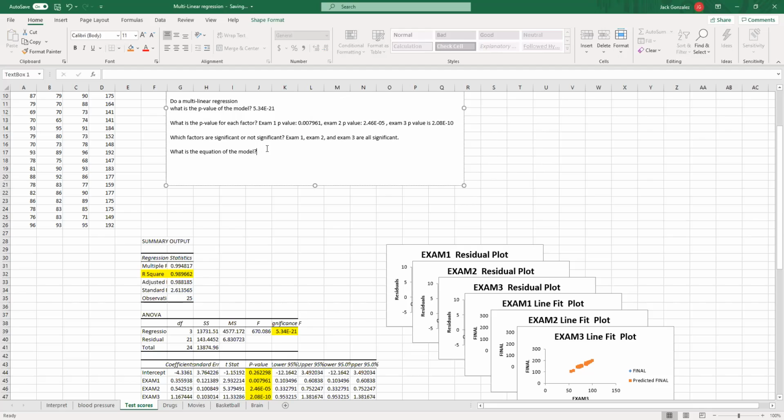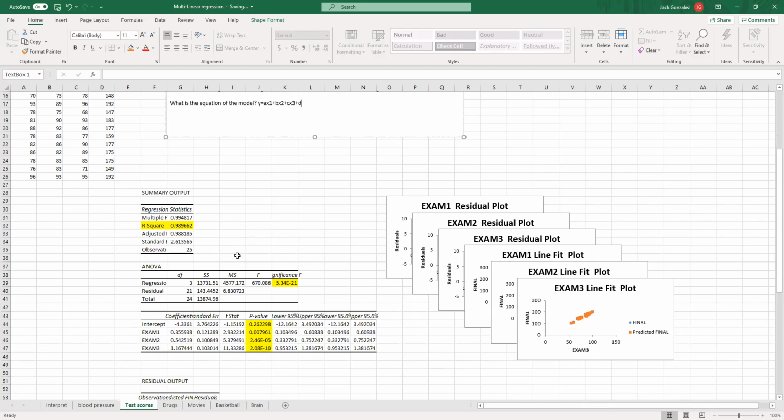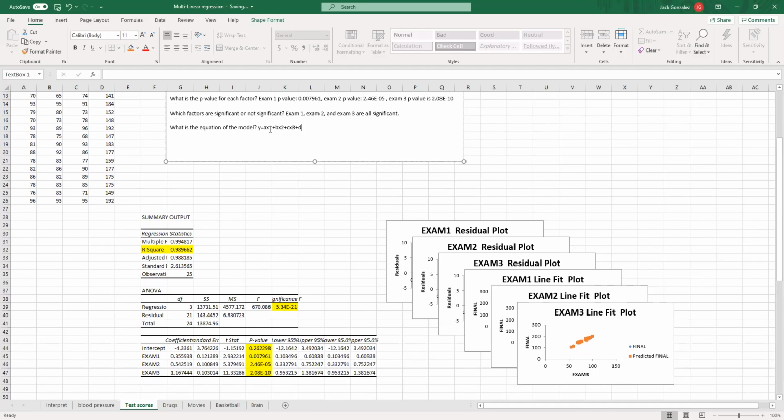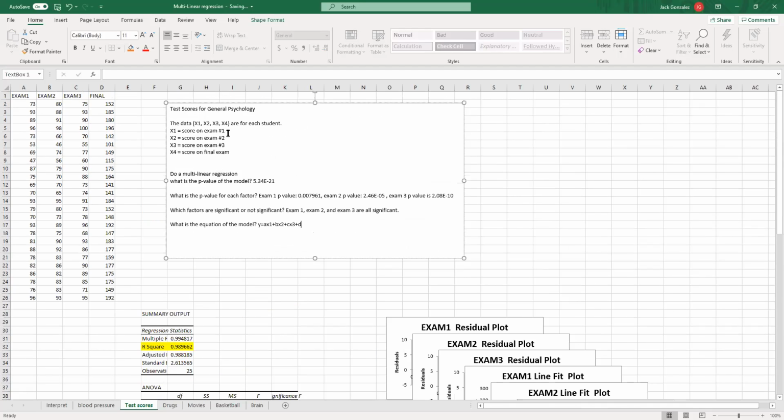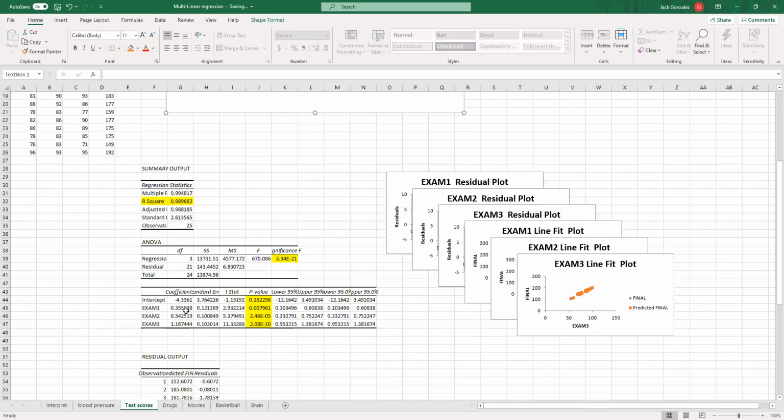Okay, so the equation model is basically going to be just ax1 plus bx2. So it's just a coefficient on every single factor, and then you have your constant. So A, B, C, D. Okay, so then you just fill them in with these values, right? So the coefficient of the x1, well, if x1 is exam one, it's down here, that's going to be the coefficient.